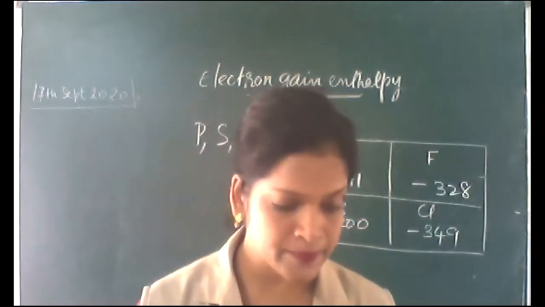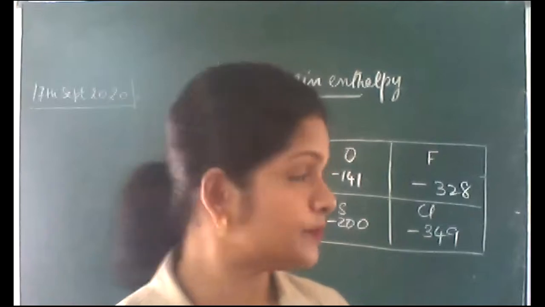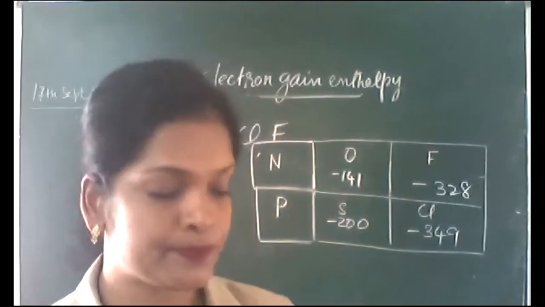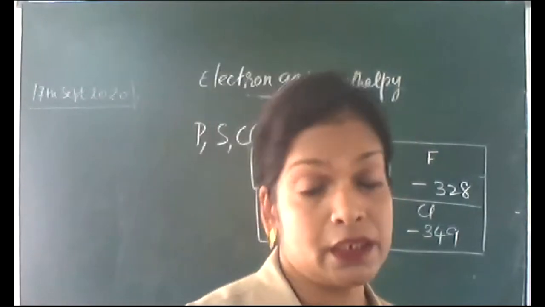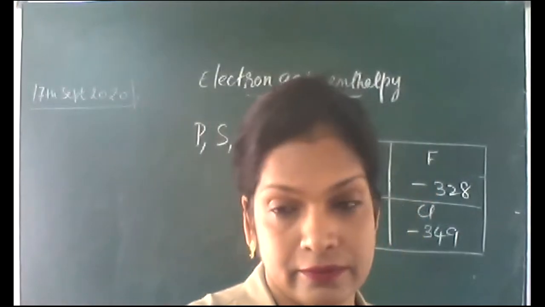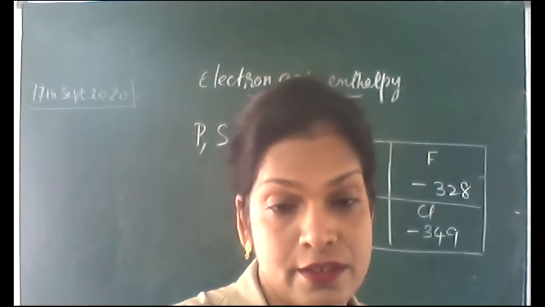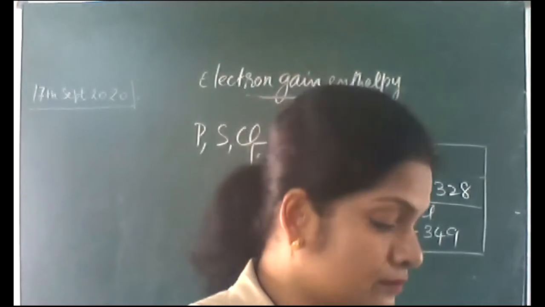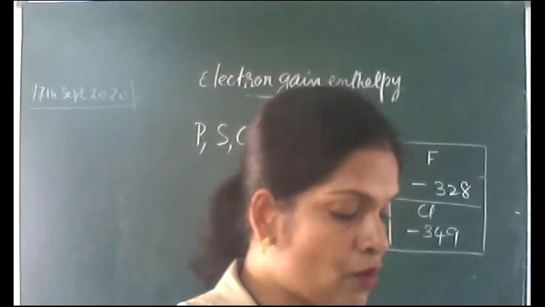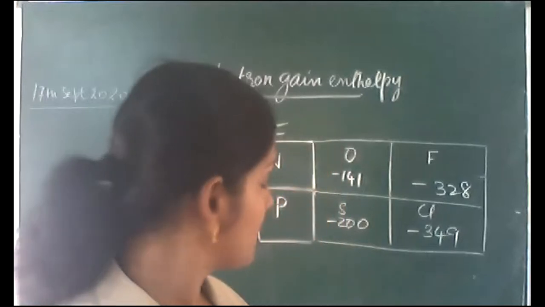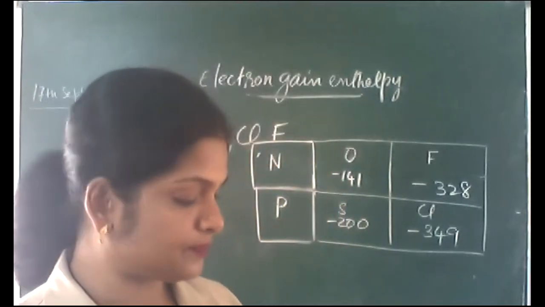So write the answer. In a period, EGE is more negative from left to right.